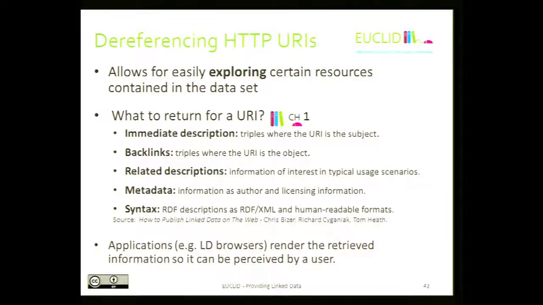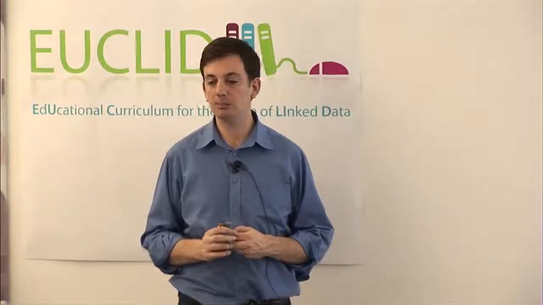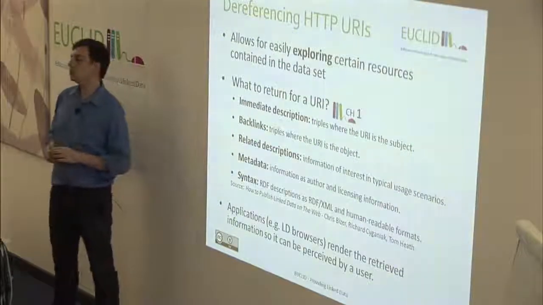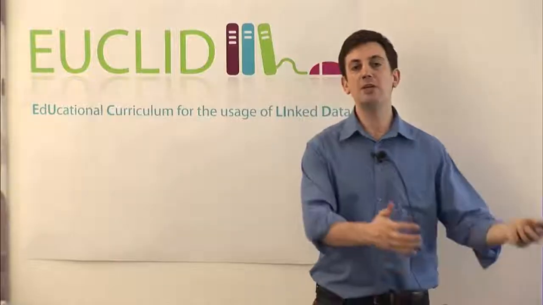There are other related descriptions we might be able to find. If you've asked about this, it might be useful to know this associated stuff as well. We might also want to include metadata in the sense of provenance metadata. I'm giving you this data about the Beatles, but I'm also giving you license to reuse that.